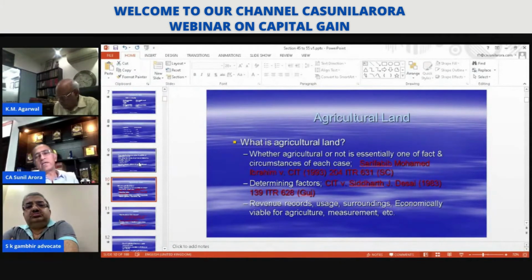Another criteria pointed out by the court in a number of judgments is whether it is economically viable for agriculture. That means whether the land is being sold by square yards or by acreage.